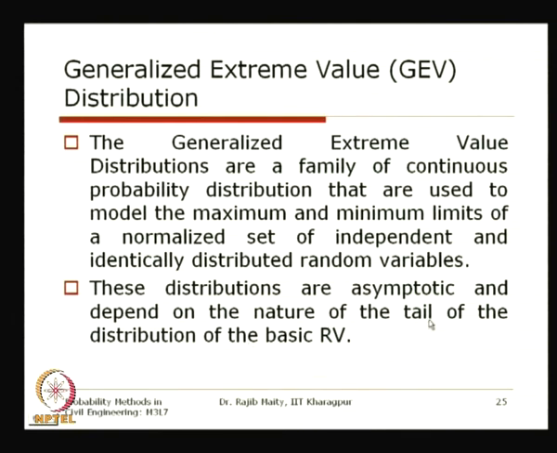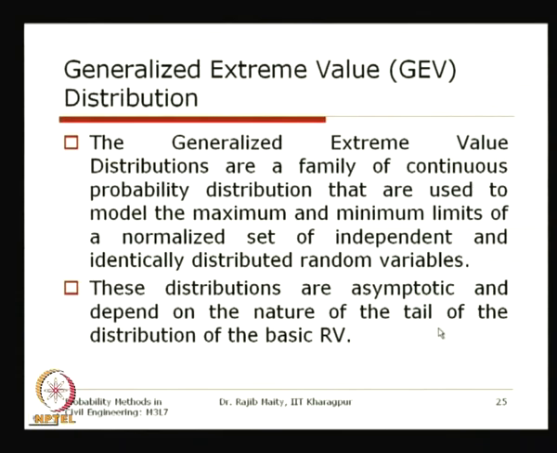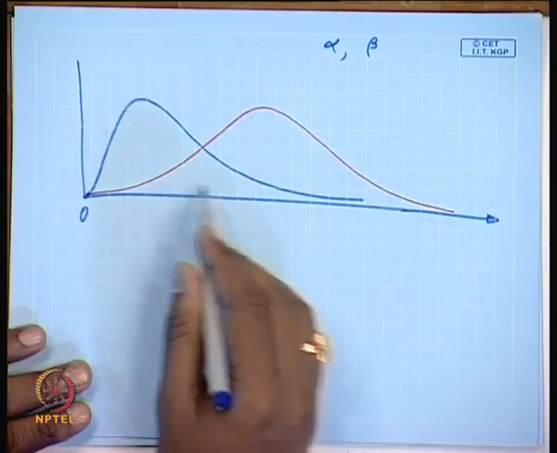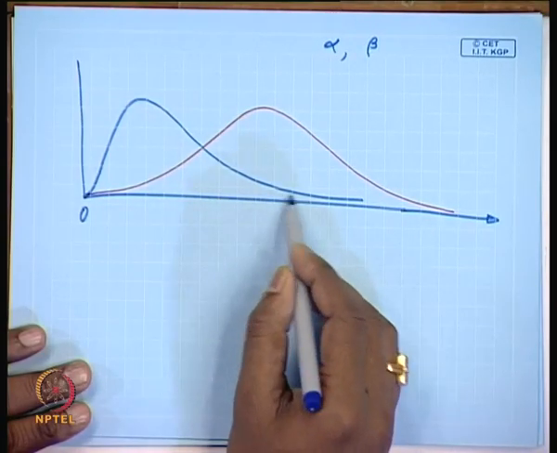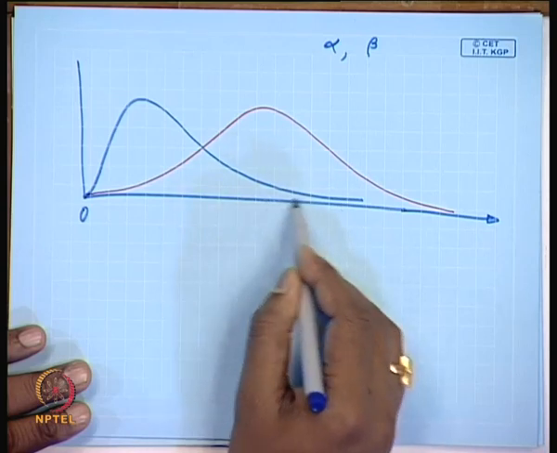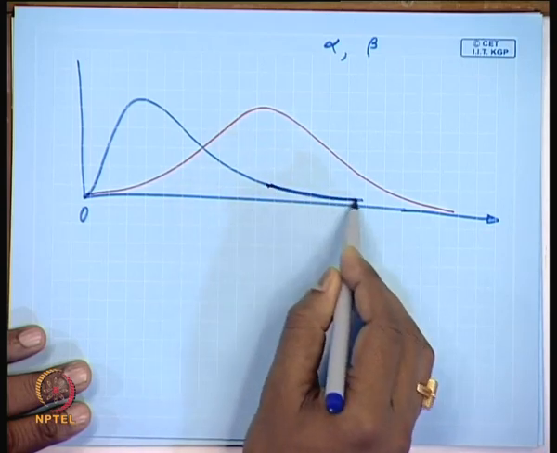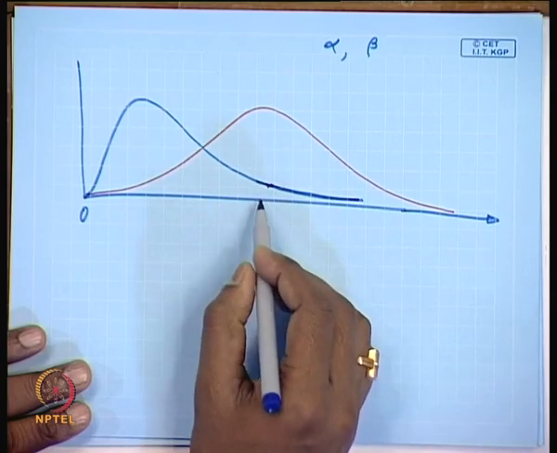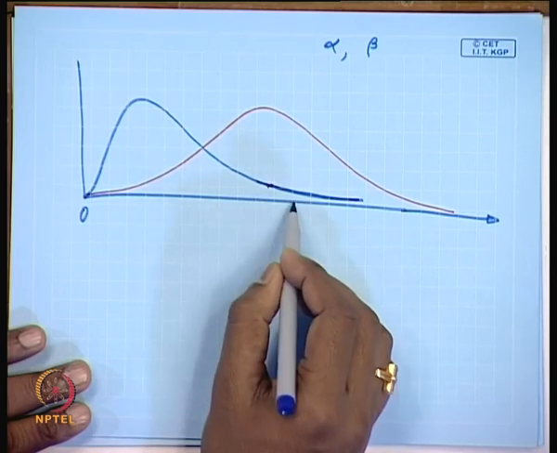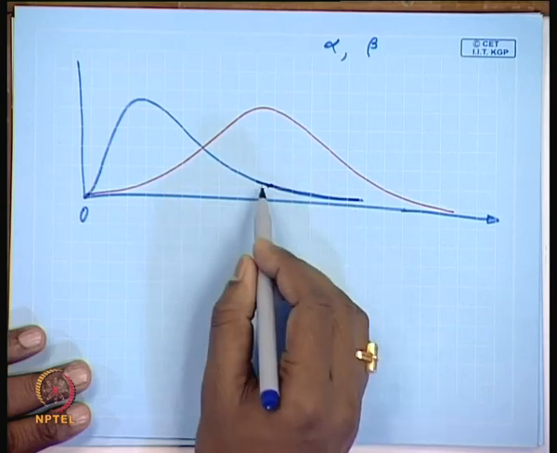Now, when we talk about this tail, maybe this is the first time we are using this word in this course. The tail is the extreme end of a particular distribution. For example, in the gamma distribution we just discussed, the tail is this area in blue, where generally the available data is also less, and we need some special care in this zone.